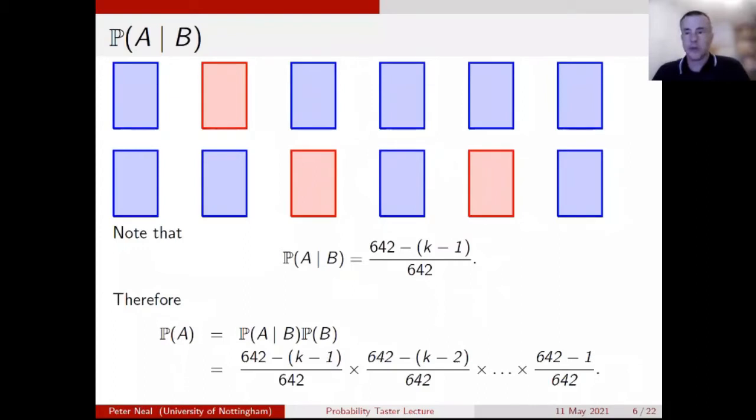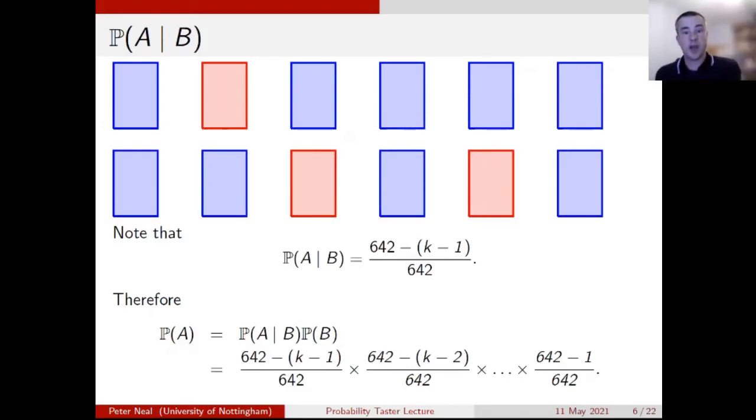And what we can then do is use this argument again and repeat it backwards. So we can say, well, we know the probability of having the first 30 being distinct, given the first 29 are distinct. We can then find the probability of the first 29 are distinct by looking at the conditional probability of the first 29 being distinct, given the first 28, and so on. And we can use a process which works backwards like this until we finally get back to the original sticker that we got.